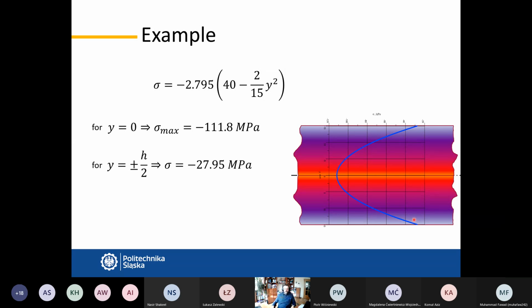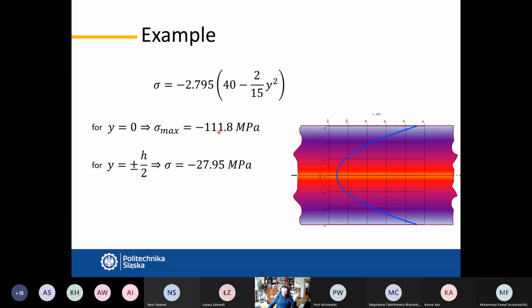So you see that there is no equal stress in the section. Of course, different stress will result in different strains. And of course, there is an interaction between the areas. This area would like to extend more than that one.